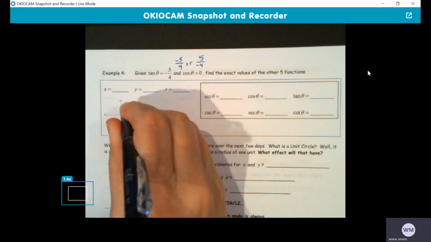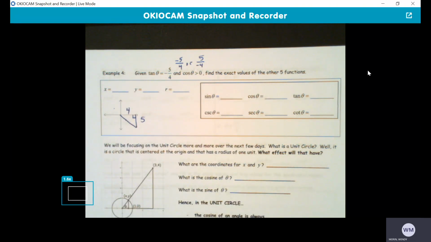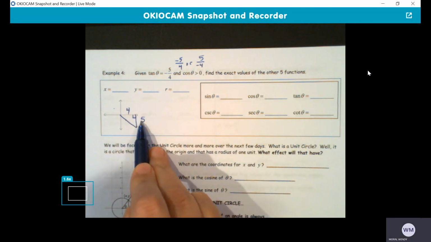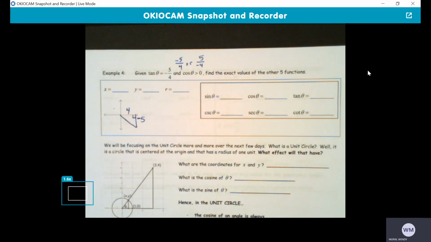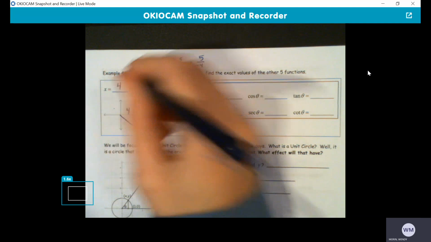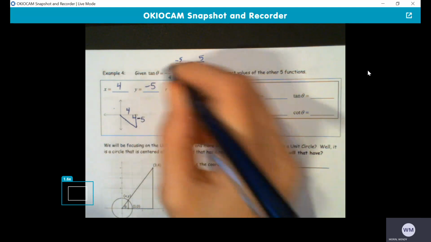So now that we know that it's in the fourth quadrant, we know that our opposite side is 5 over 4. So opposite over adjacent, which direction is negative? Is that a -5 or is that a -4? Well, this is going down, so this is going to be negative. So we know that our x value is positive, we know our y value is negative.